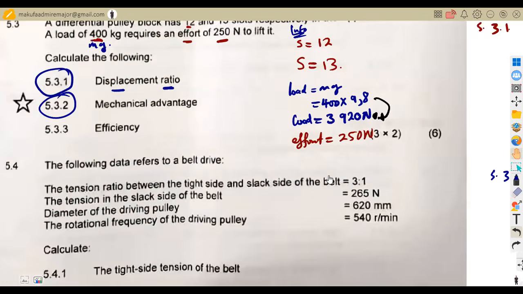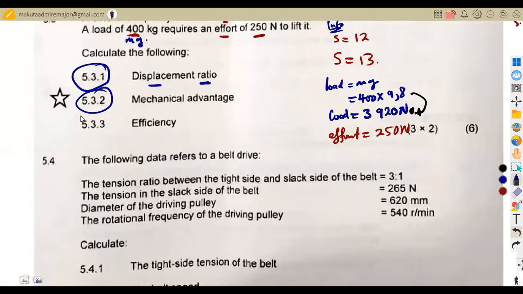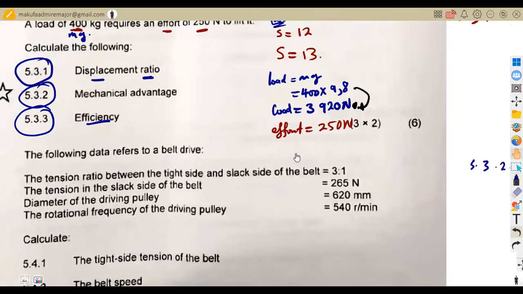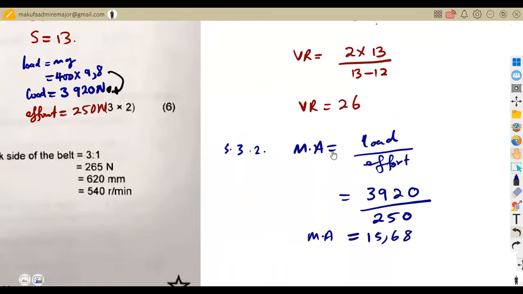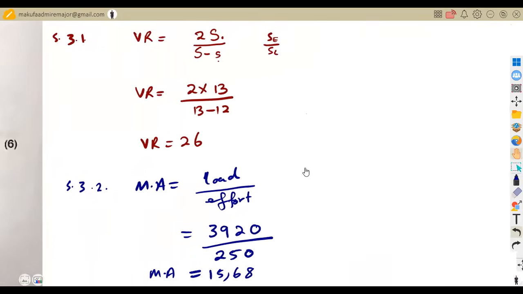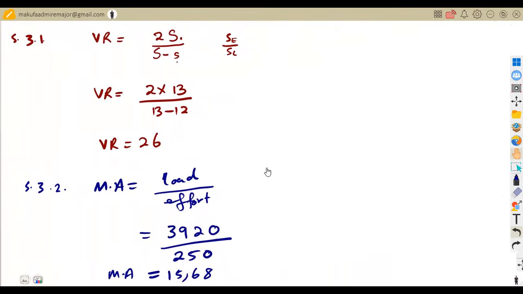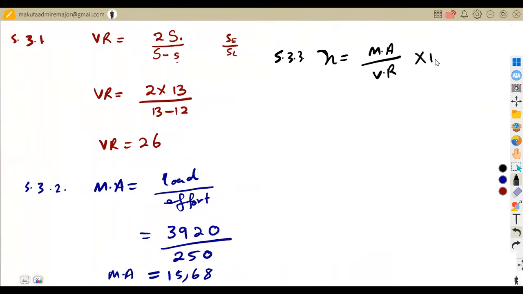Then if we check, the last part was to calculate the efficiency of the whole system that we have. So from the mechanical advantage and that displacement ratio, which is our velocity ratio, remember these two, they give us the efficiency of the system in this case, which is going to be the efficiency taken from the mechanical advantage over the velocity ratio times 100%, which is the displacement ratio.